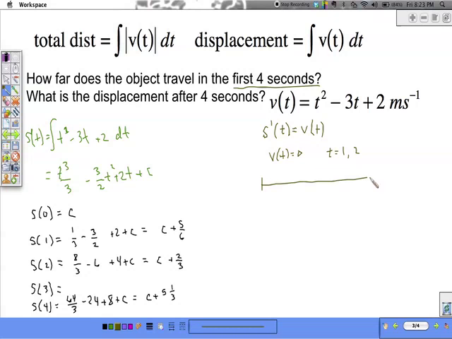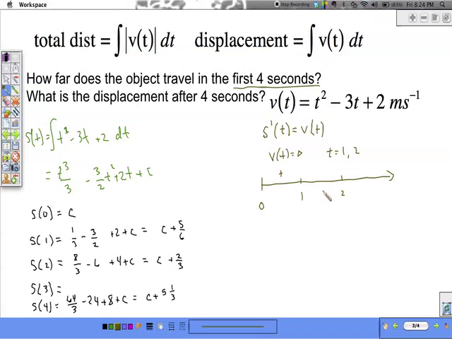So if I go to a number line, starting at 0, here's 1, here's 2, and I check these intervals. I check something like 0.5. I find that the velocity is positive. Positive velocity means position is increasing.